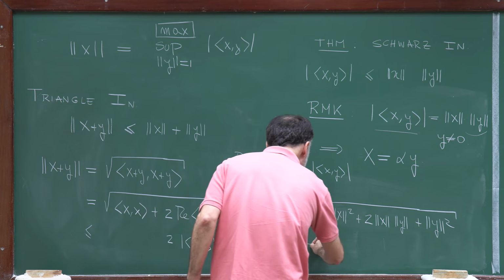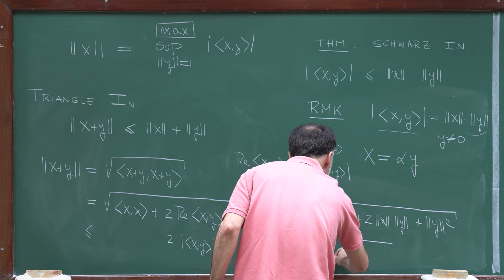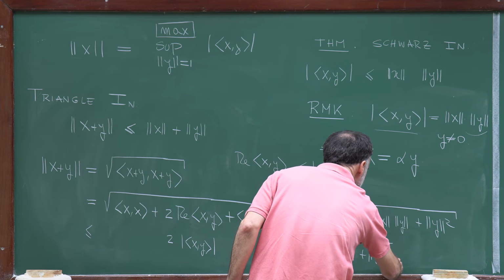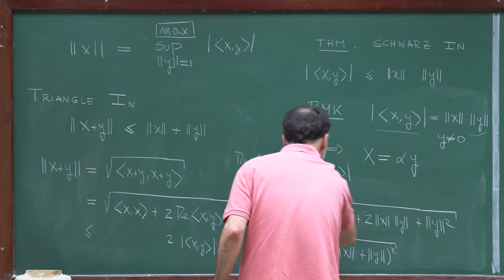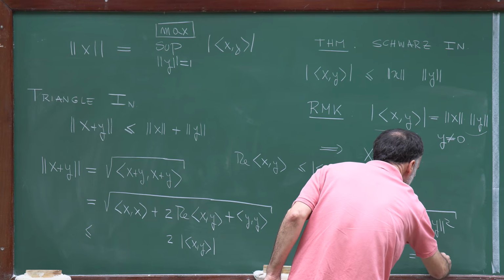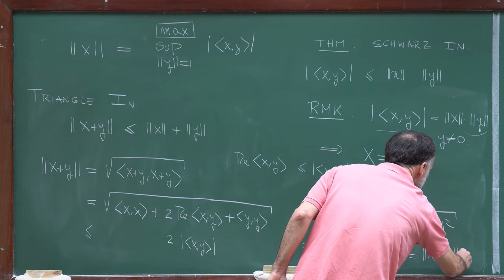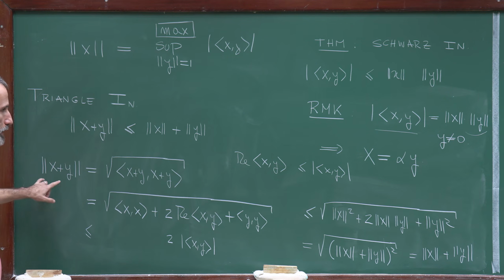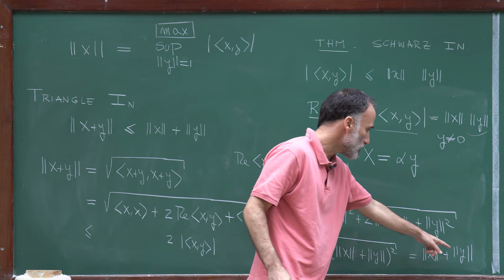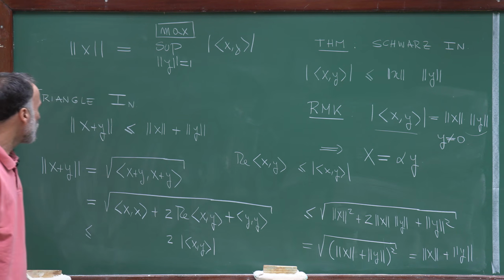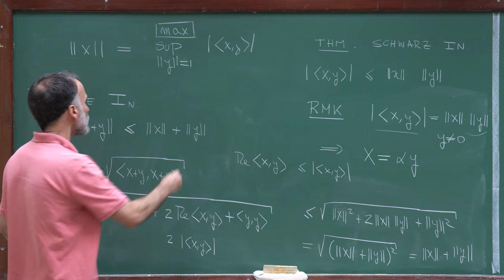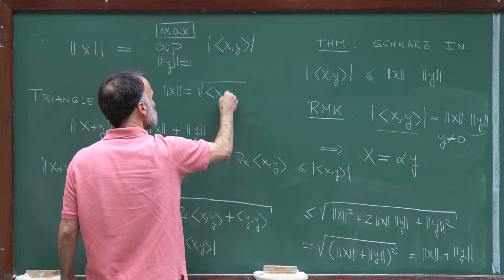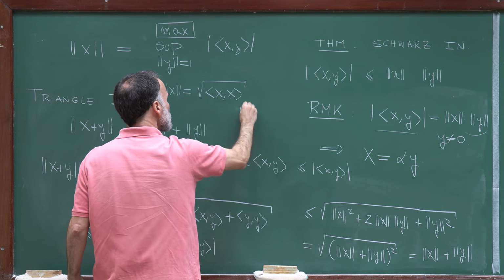And this is equal to the square root of the norm of x plus the norm of y, squared. And this is equal to the norm of x plus the norm of y. So this proves, indeed, that the norm of x plus y is less or equal than the norm of x plus the norm of y, and therefore that the norm defined as the square root of the scalar product of x with x is indeed a norm.